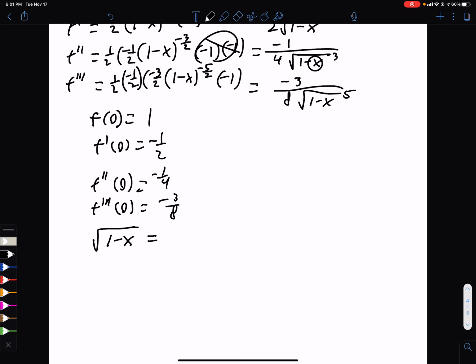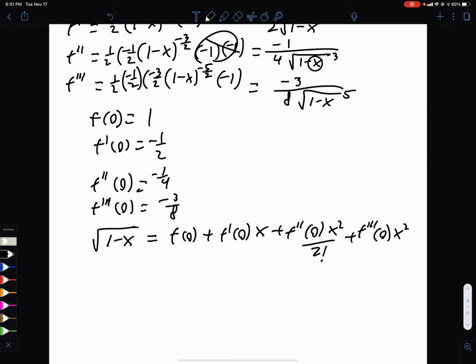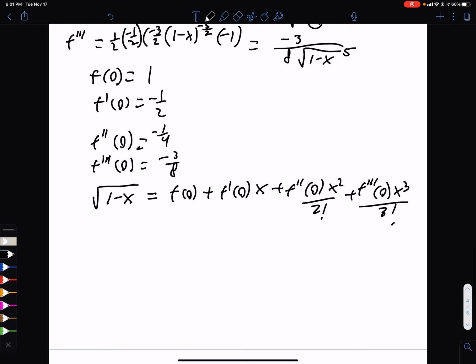So that's going to be f of 0 plus f prime of 0 times x plus f double prime 0, x squared over 2 factorial. And they wanted another term, f triple prime 0, x cubed over 3 factorial. So we're going to get 1 minus 1/2 x minus 1/4 x squared over 2 factorial plus 1/6. Okay, I messed up.